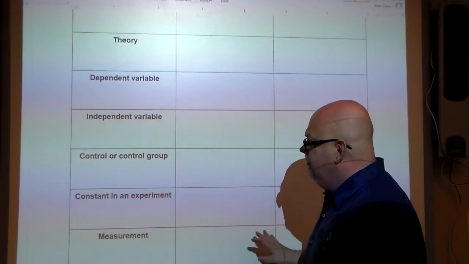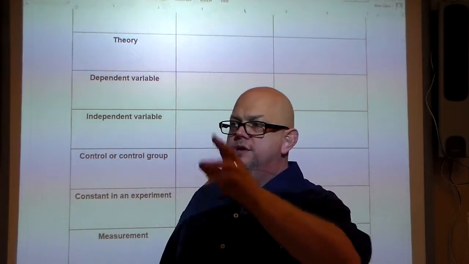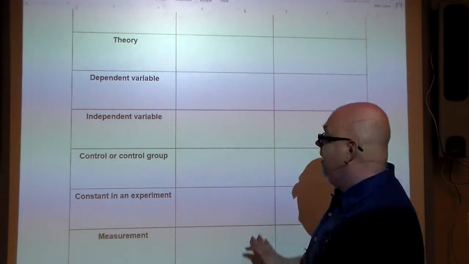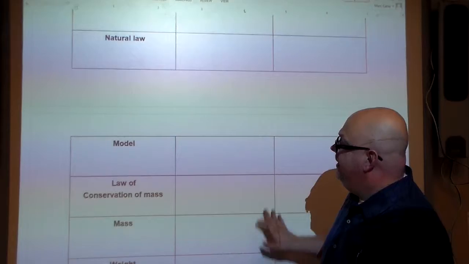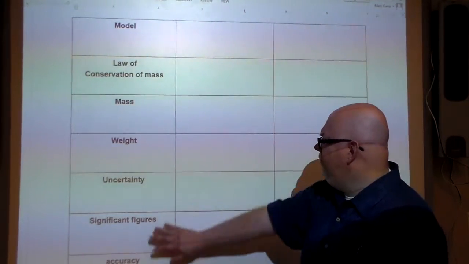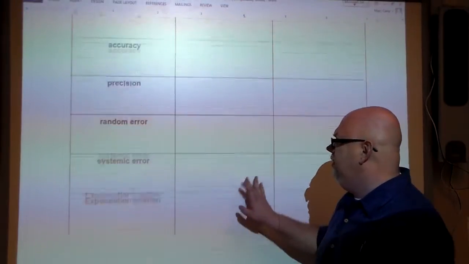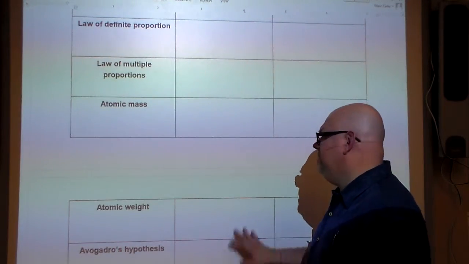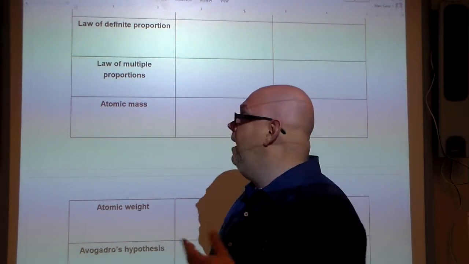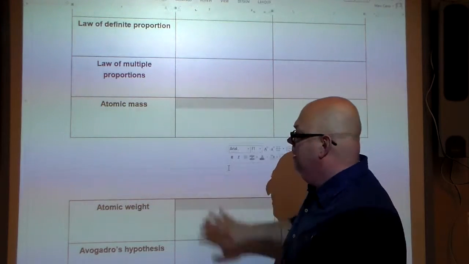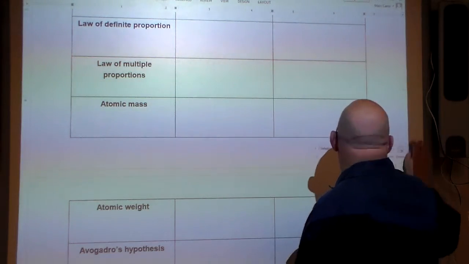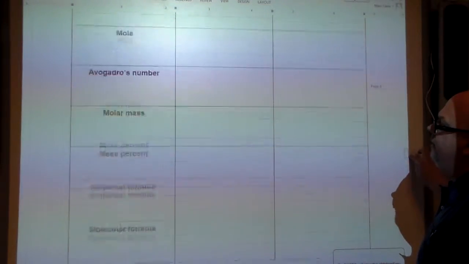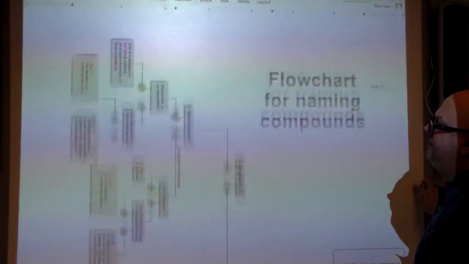Don't worry, I'm going to start doing stuff about that this year, and next year, for my chem labs. We have all these things here, and there are a lot of topics because I'm not going over them again. There are quite a few. Again, it's vocabulary.